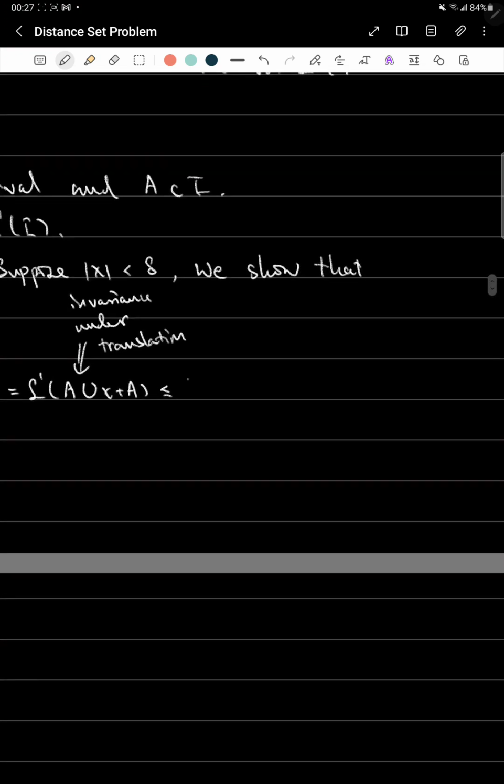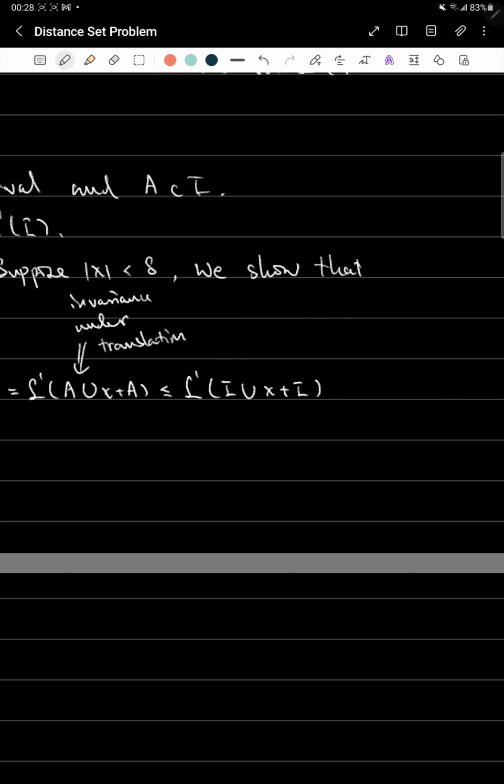And then, okay, let's go. This is within I union x plus I, because it is obvious that the Lebesgue measure of A is smaller than the Lebesgue measure of I, since I've given that A is a subset of I.